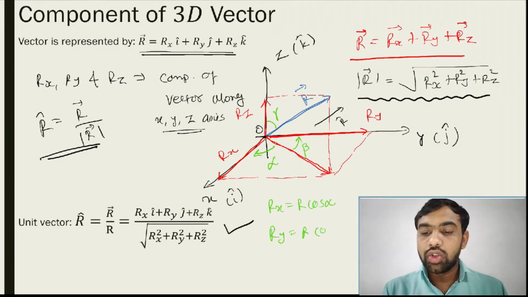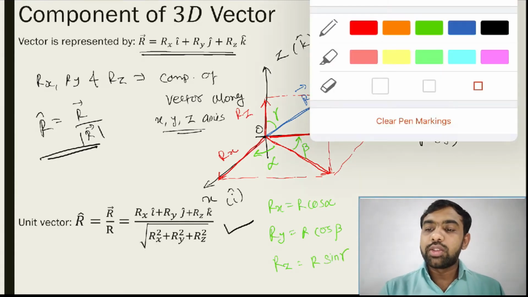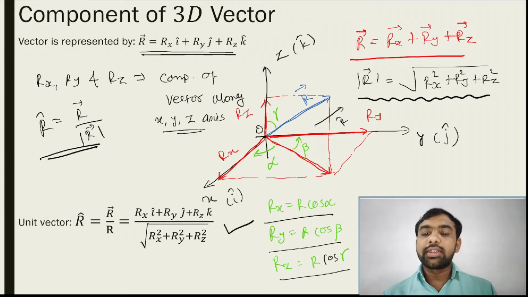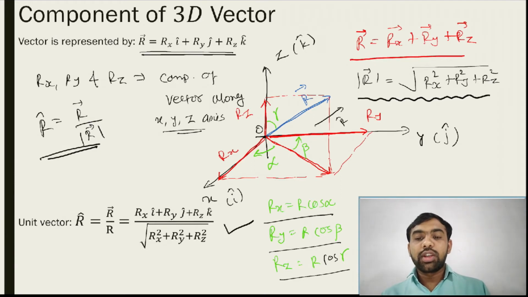These are adjacent components, so rx is equal to r cos alpha, ry is equal to r cos beta, and rz is equal to r cos gamma, not sine, because they are adjacent components. Here alpha, beta and gamma are the angles of this vector with the x, y and z axes.